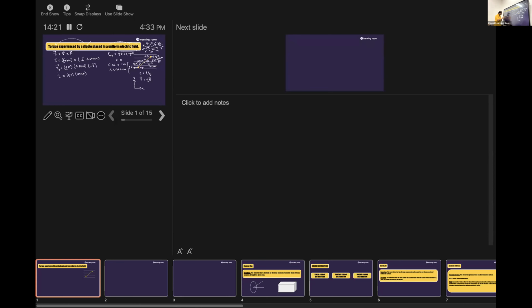So this torque, if I write it in the vector form, what will happen? This is also making the system revolve in the clockwise direction, so it is going to be negative of k cap. So unlike the force, which was in positive x direction and negative x direction, which got nullified, torque is not getting nullified because both the torques are acting in the same direction.